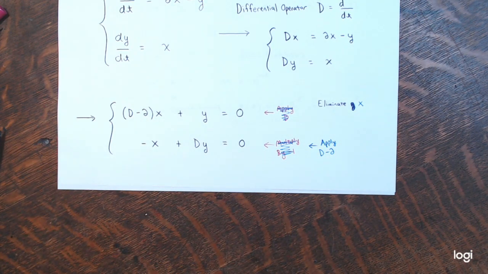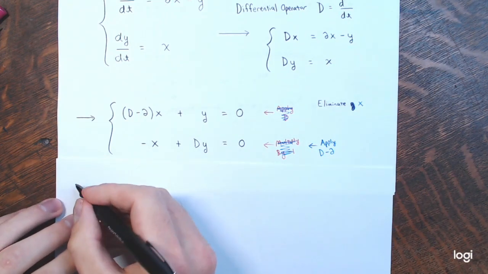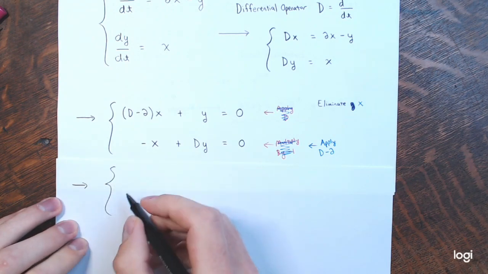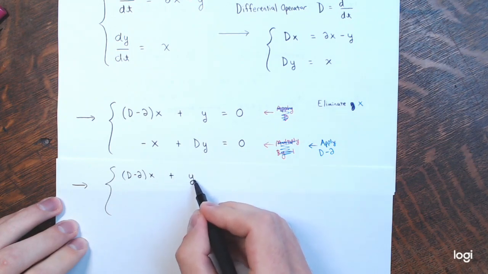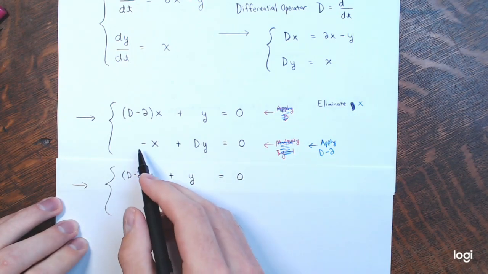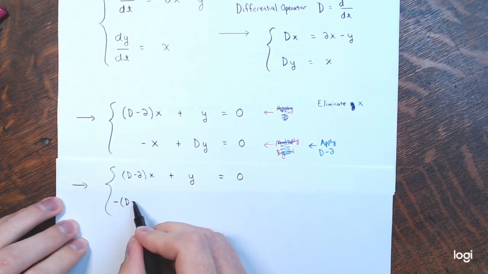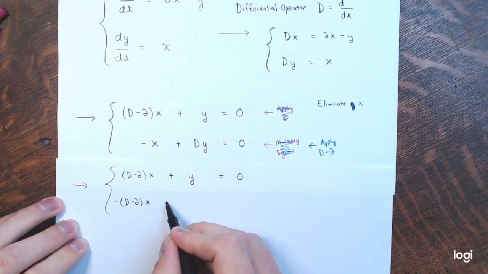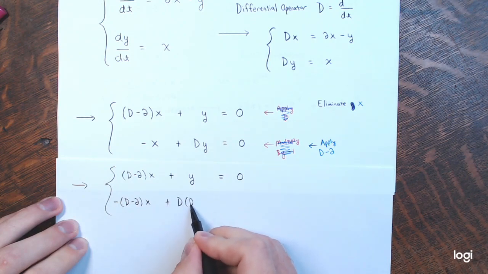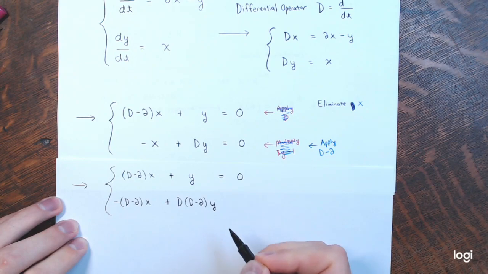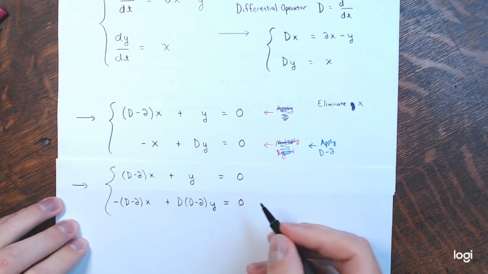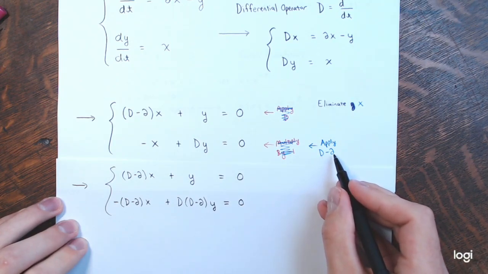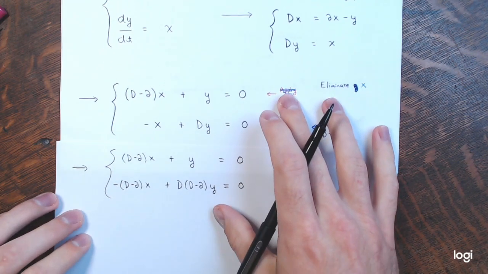That gives me the following equivalent system: D minus 2 applied to x plus y equals 0, and then the opposite of D minus 2 applied to x plus D times (D minus 2) applied to y. Again, doing this to every term. And D minus 2 applied to 0 is still 0, since the derivative of 0 is 0, minus 2 times 0 is 0.